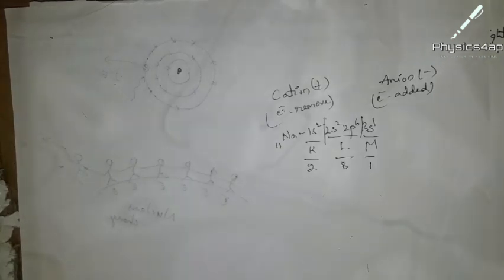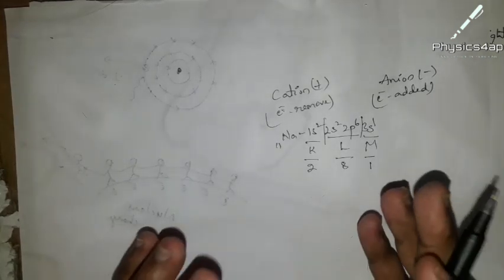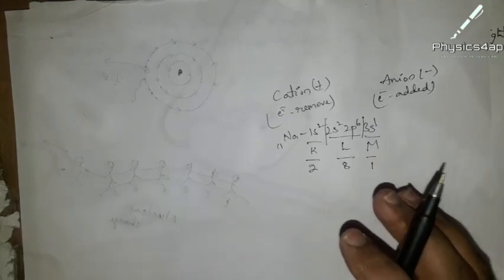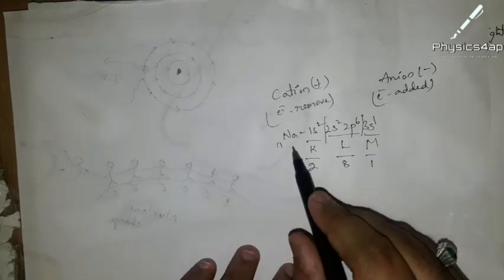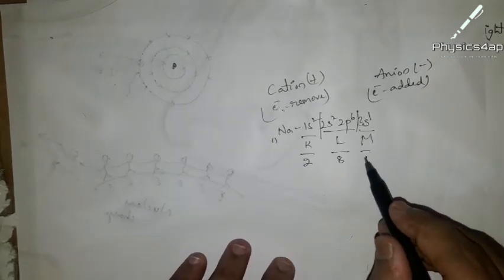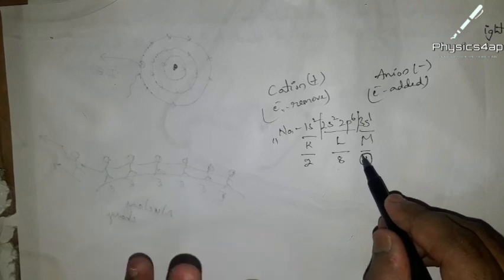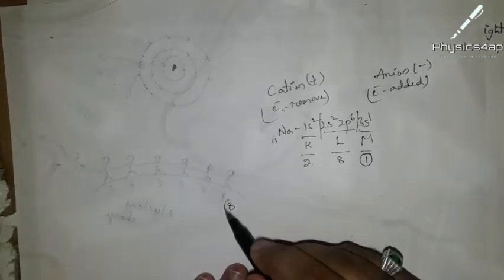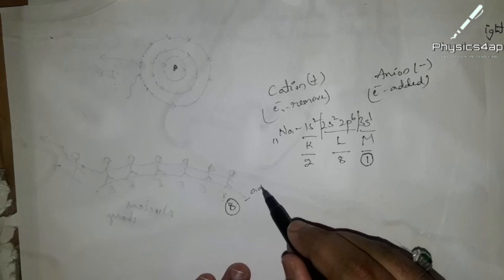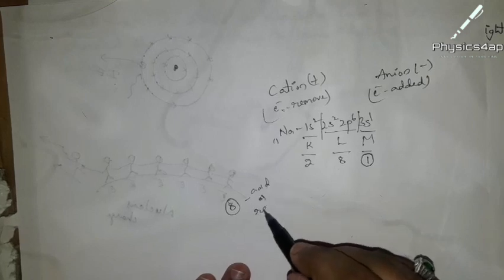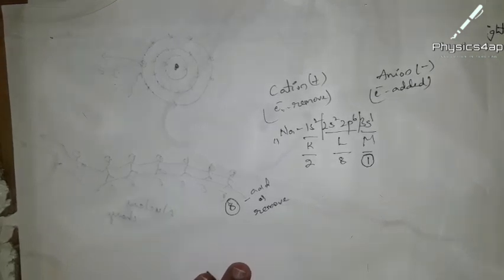Now, the octet rule is made for elements which are to be combined with another one. If we take sodium, the outermost shell has 1 electron. To get 8 electrons we need to add or remove electrons.